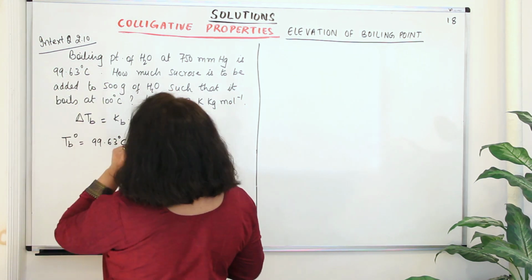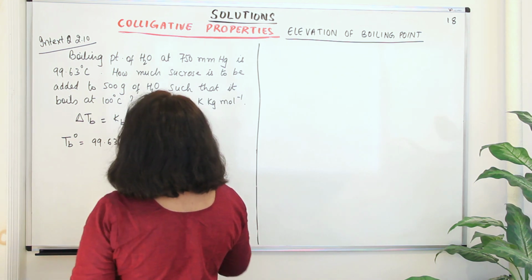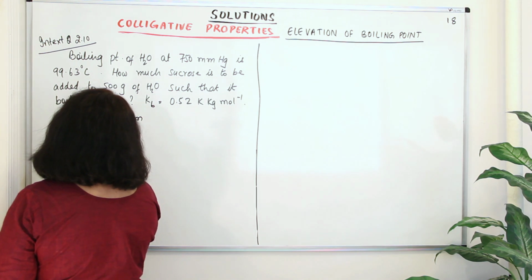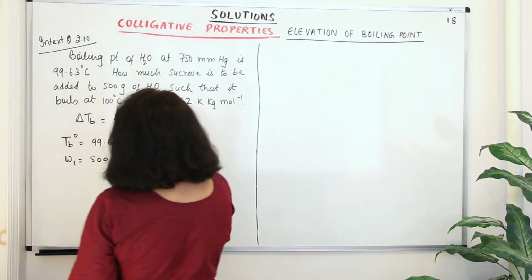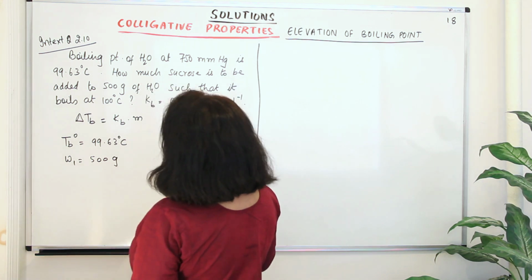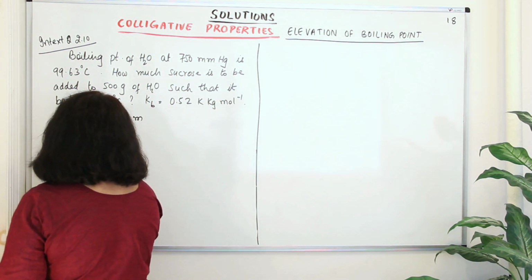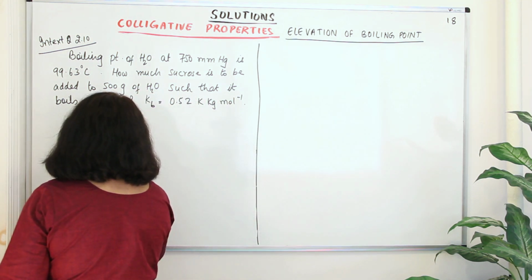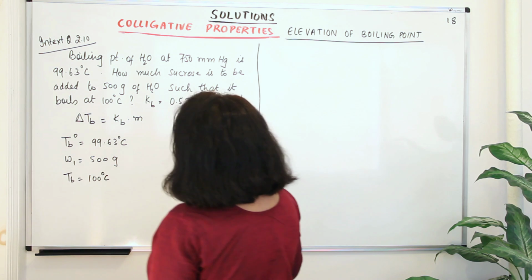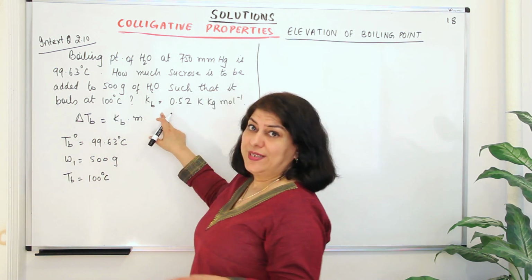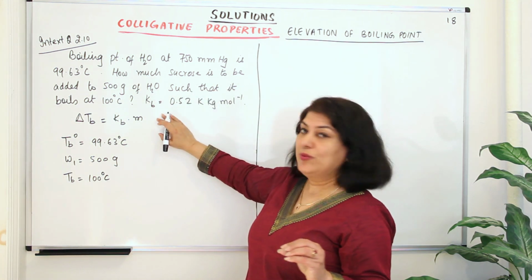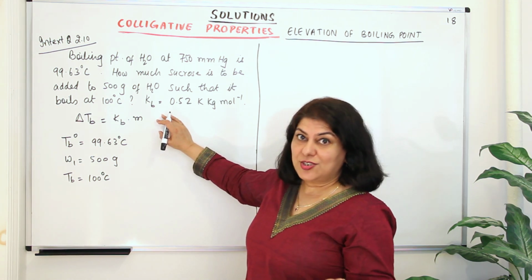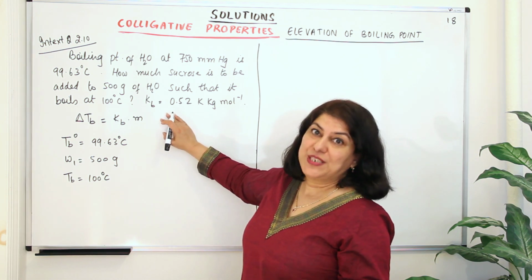And how much sucrose is to be added to 500 grams of water? So water is 500 grams, which means W1 is equal to 500 grams of water such that it boils at, and Tb now, the water after adding sucrose, the boiling point is 100 degrees Celsius is what you want, the desired. And Kb, in the textbook, the Kb value is not given to you on purpose so that you refer to the table as scientists do and you get the value from a table.